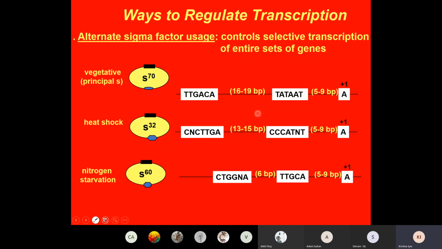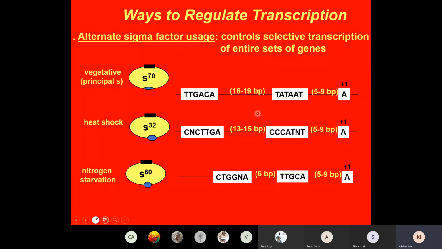So if you remember what the sigma factor was when we looked at RNA polymerase, we said the sigma factor is the one which is actually required for initiation. It binds to the promoter, to what is called the Pribnow box, the minus 10 region and minus 35 region in case of prokaryotes, and the minus 30 and minus 75 region in case of eukaryotes.